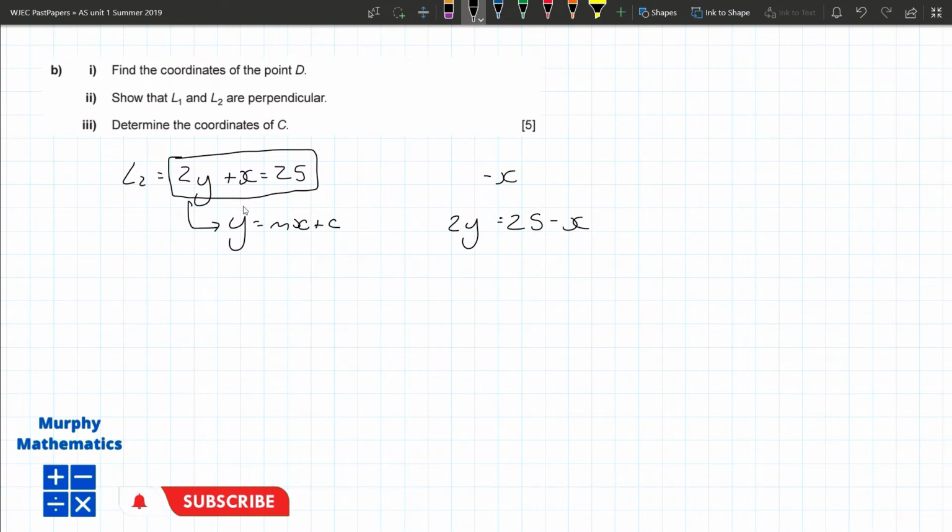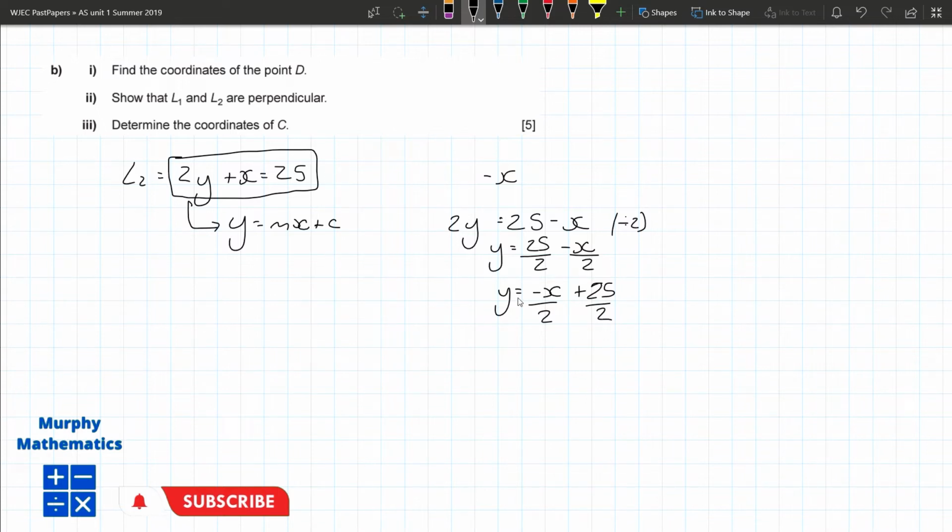Now I'm going to get it into 1y, so I'm going to divide both sides by 2. So I'm now going to have y = 25 over 2 minus x over 2. I'm then just going to move the terms about to get it in mx + c. So y = minus x over 2 + 25 over 2.